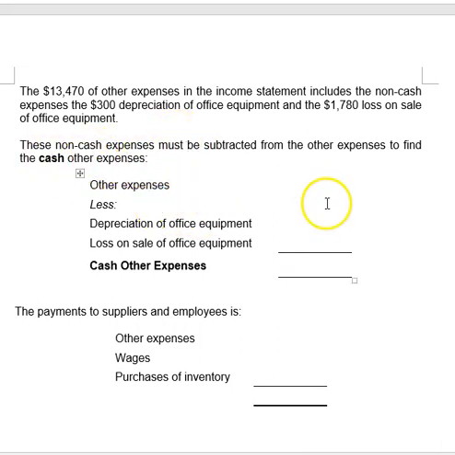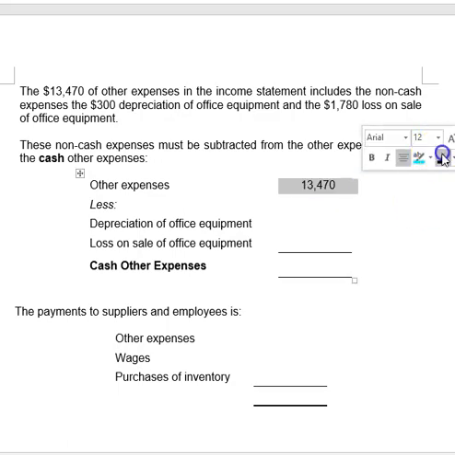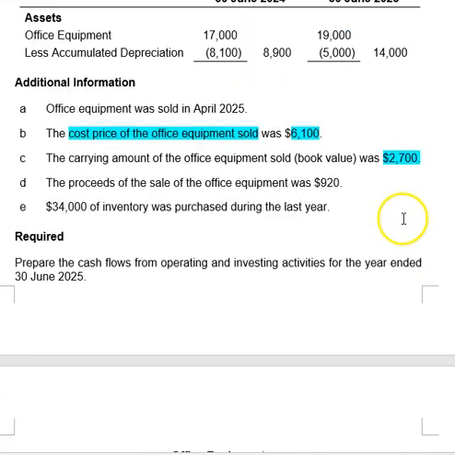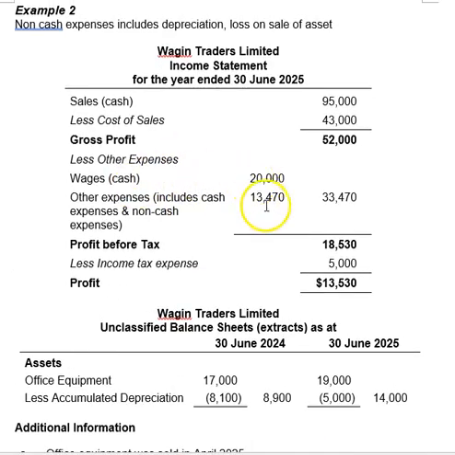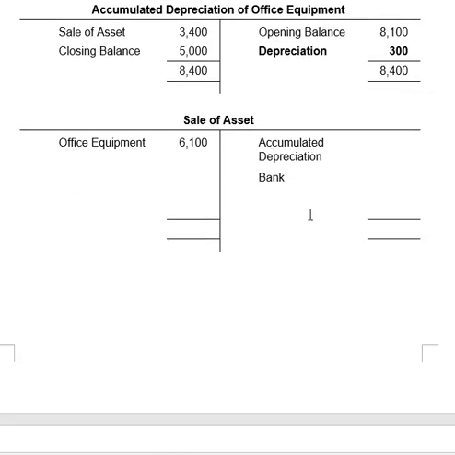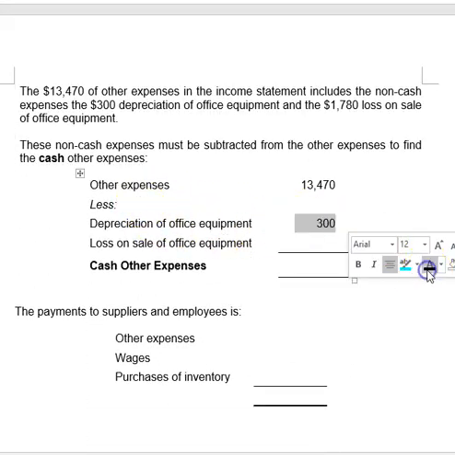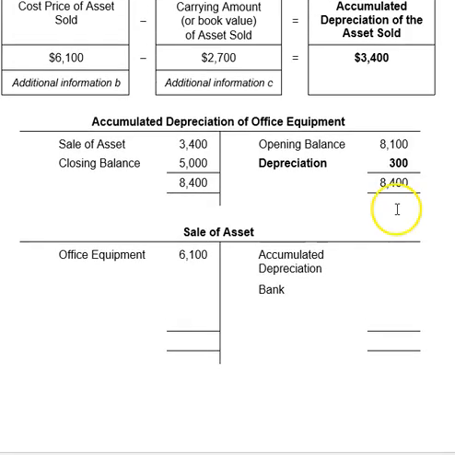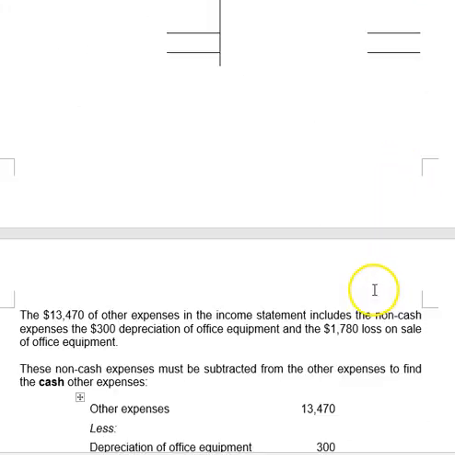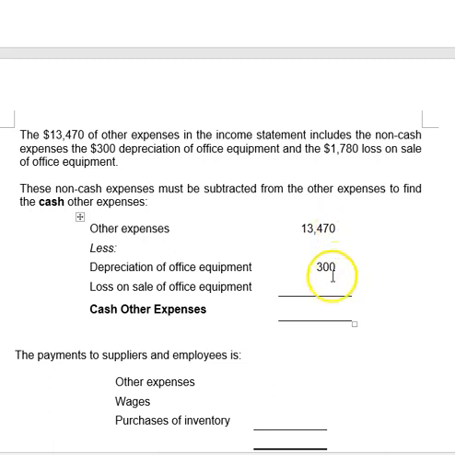Your other expenses here is 13,470, which you can get from your other expenses. Then you need to minus off your depreciation, which is 300. Once you have found out your depreciation of 300, you have to minus it from your other expenses because this is a non-cash item.